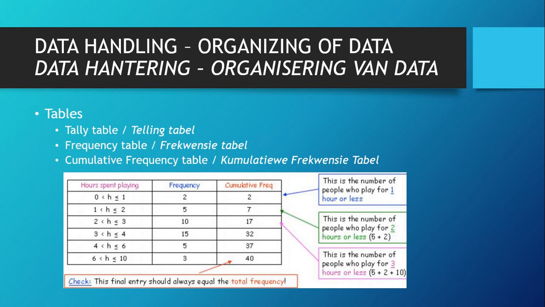We had 7 playing less than 2 hours, plus the additional 10 for the 2 to 3 hours, so I have a total of 17 now. That is my cumulative frequency. It's important to note that once you're at the end, you need to get the total amount of learners that was surveyed or cars that was observed or whatever the data was being involved with. That total needs to be at the end of the cumulative frequency.